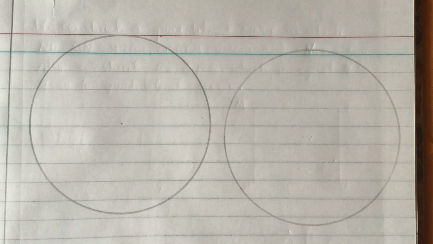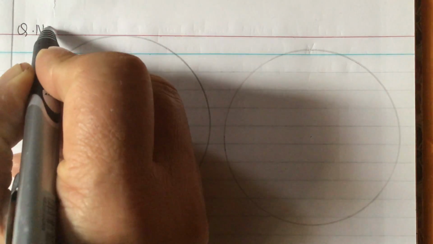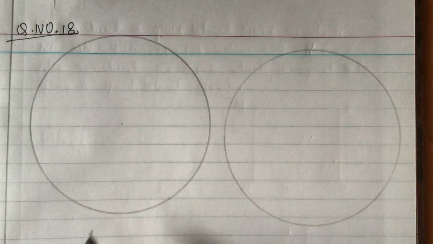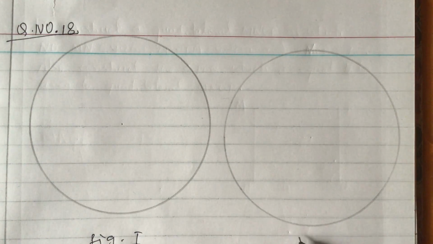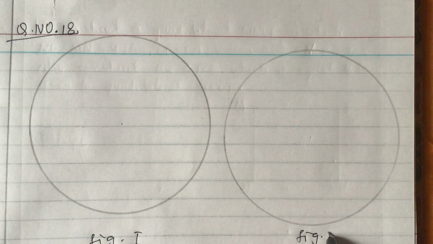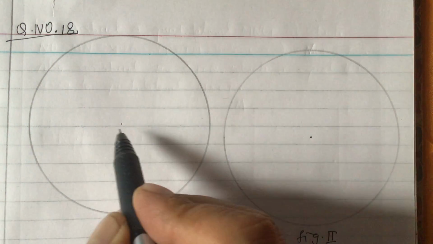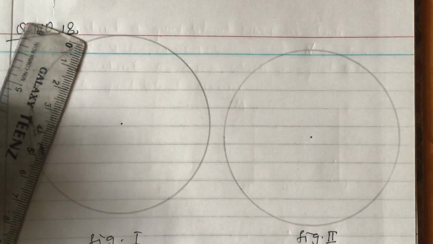Now this is question number 18. Here this is figure 1, figure 2. Our center point out here, this is center. Now we are asked to draw two angles. One is inscribed angle and another is a central angle.